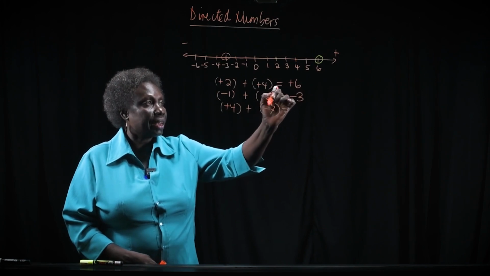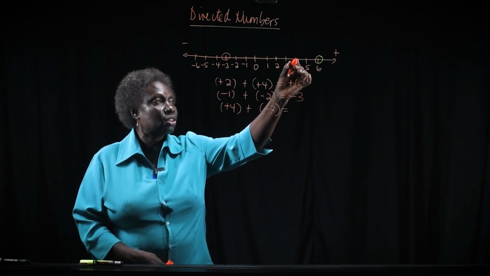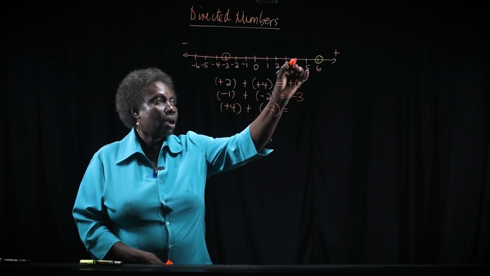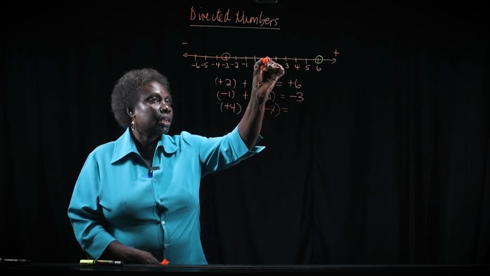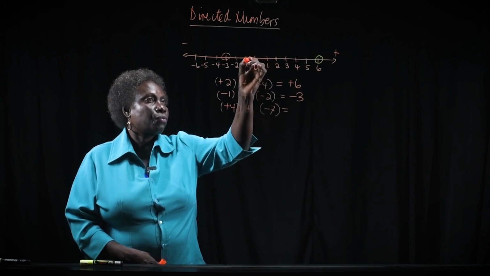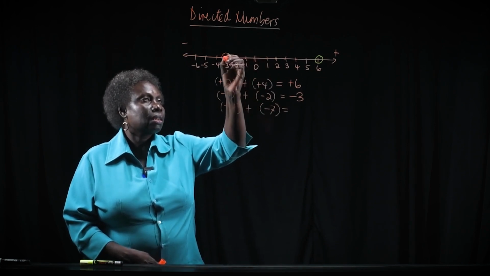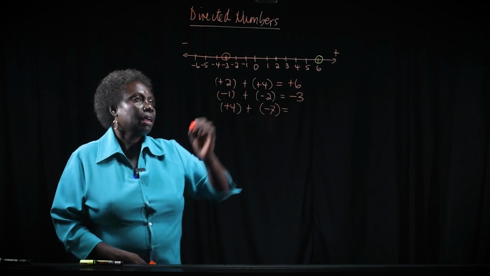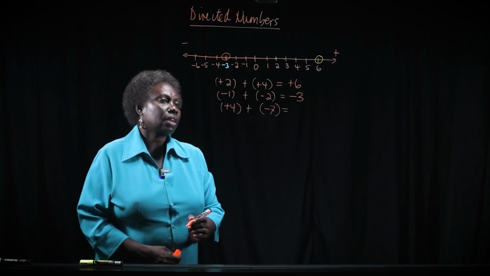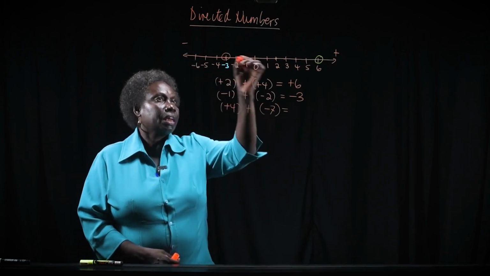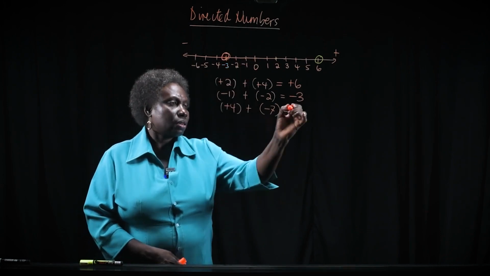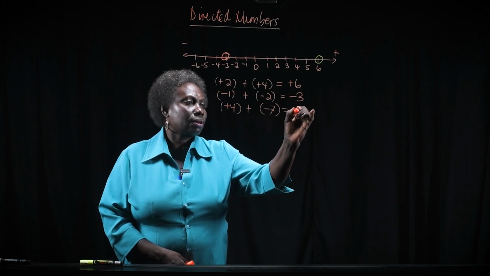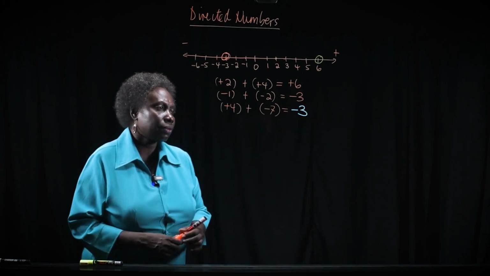Since I'm adding -7, I will move 7 places to the left. 1, 2, 3, 4, 5, 6, 7. Again, this time I stop at -3 because it's +4 plus -7. It's already indicated there, so I just write the number down. So the answer is -3.